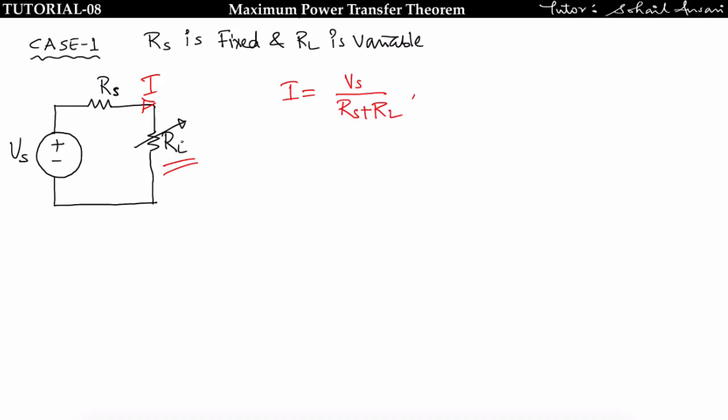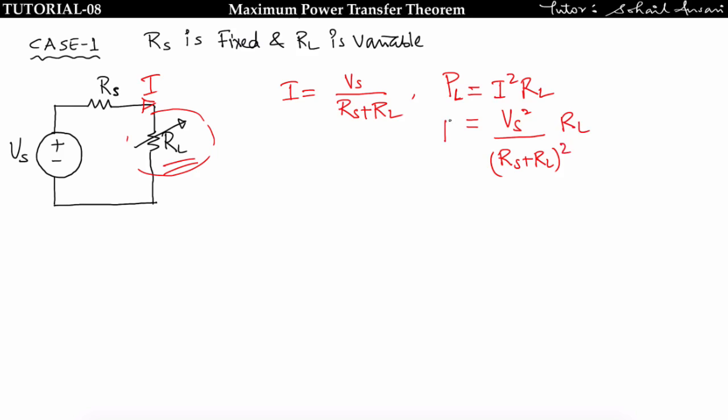Now we know the power across RL is given by PL equal to I square RL. Now put the value of I, and you will get Vs square upon (Rs plus RL) whole square, into RL.